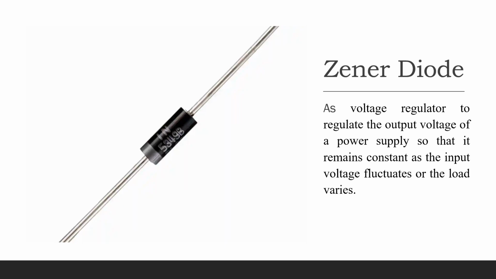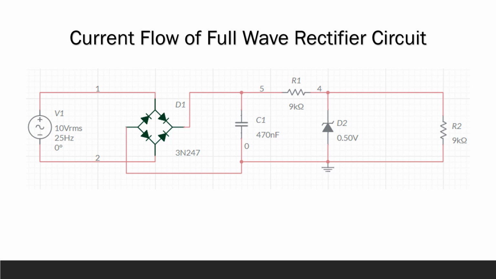After we get to know all the components in the full wave rectifier circuits, now let's look at how the current flows in the full wave rectifier circuits. So for forward bias, from the positive terminal, the current flows following the red arrow and passes through the first diode and then goes to the first resistor R1 and capacitor C1, then passes through the resistor R2 and goes to the Zener diode as I mentioned just now.